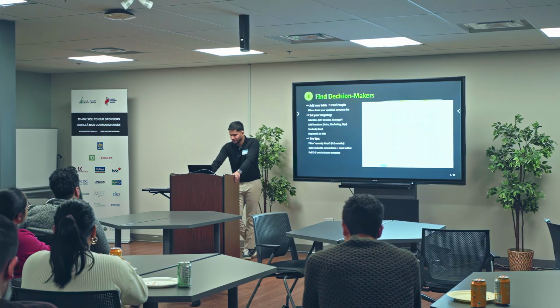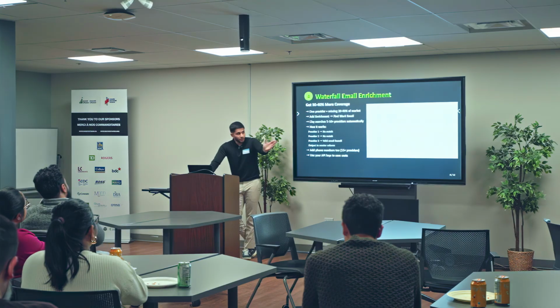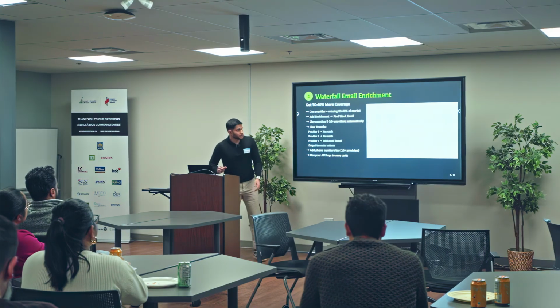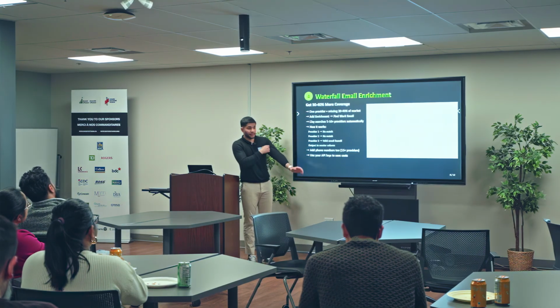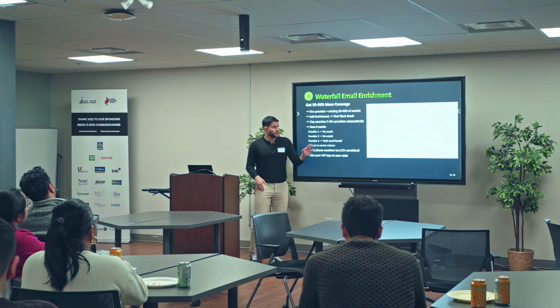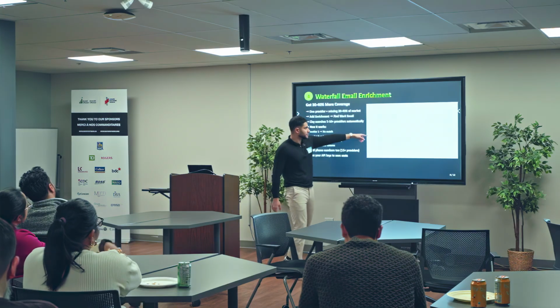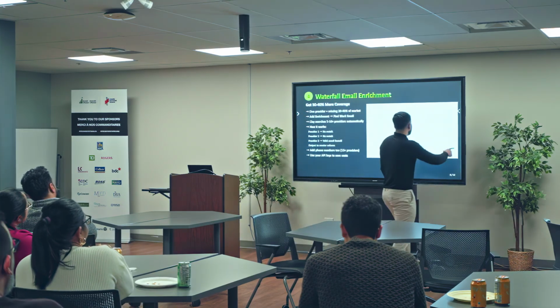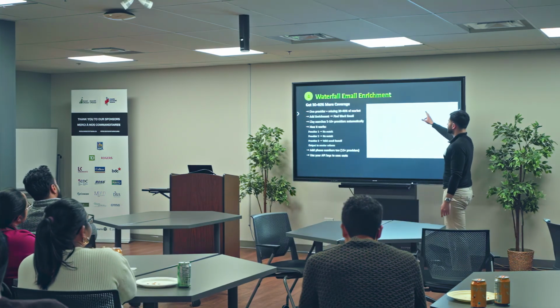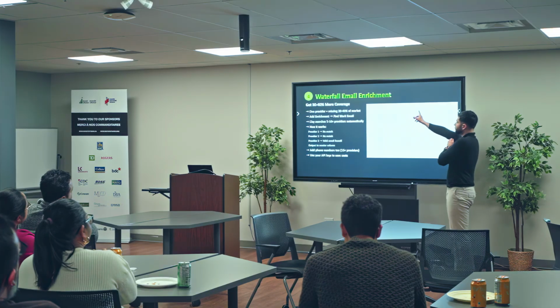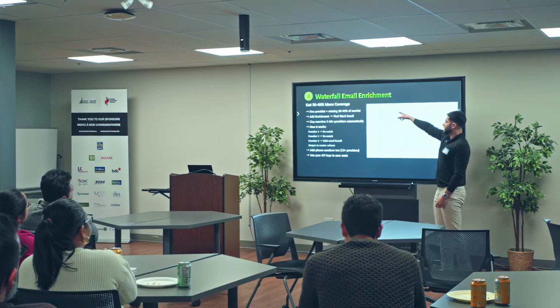Perfect. And yeah, so the waterfall enrichment, this is how it works. Once you have the people in the table, the decision makers you want to go after, you just add a work email, and then you get a full waterfall checking each and every provider to see who has the email and who doesn't. One thing we do is, if you have providers already, you can use API keys here as well.